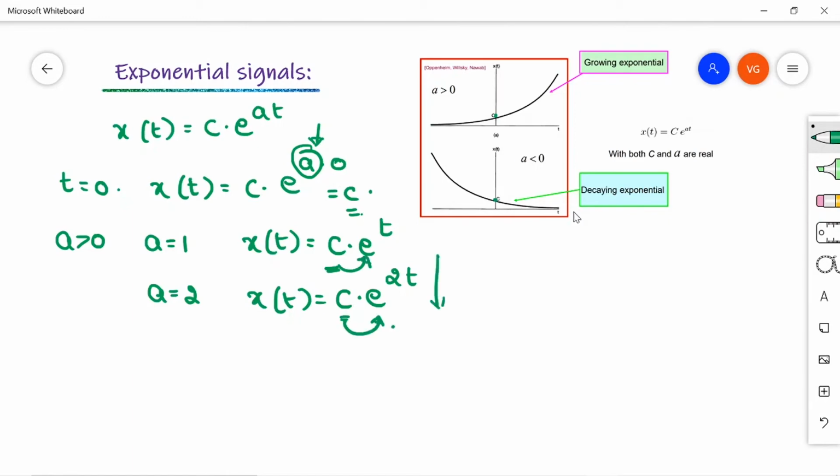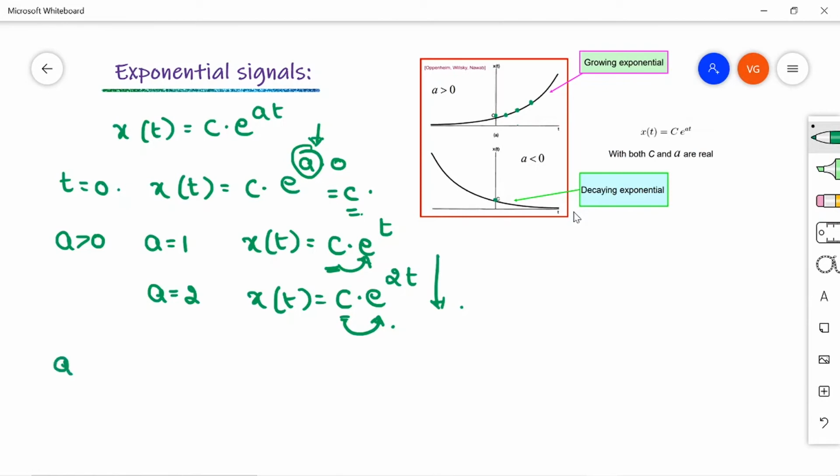So the value of x of t keeps on increasing. So here if t is equal to 1, c multiplied by something, then t is equal to 2, c multiplied by e power 2t, t is equal to 3, c multiplied by e power 3t. So like this the graph is increasing. So that's why we call it as exponentially increasing or growing graph.